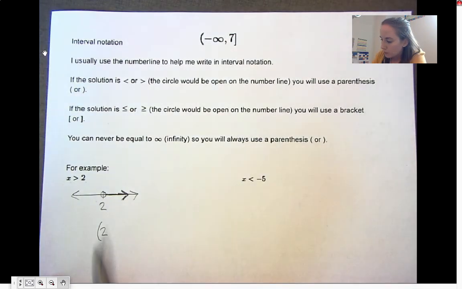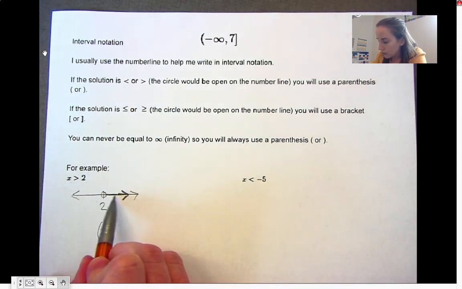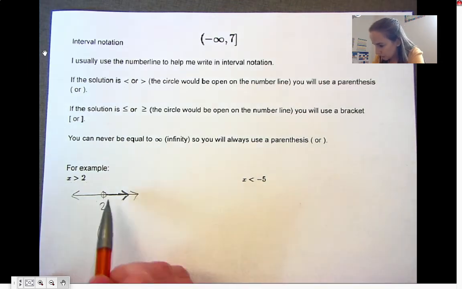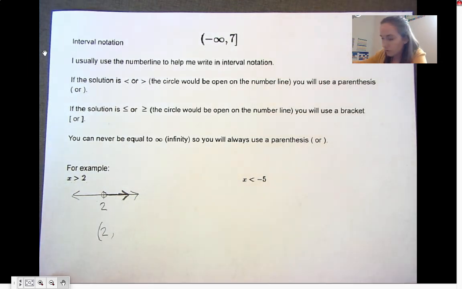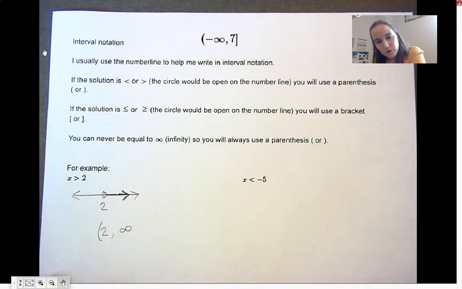Now, put a comma and you look at your arrow and say, well, where does it end? Now in this case, it never ends because my arrow shows it's going to continue on forever and ever that way. So it's going to go to infinity. And since you can never be equal to infinity, you need to just go ahead and close it with a parentheses.